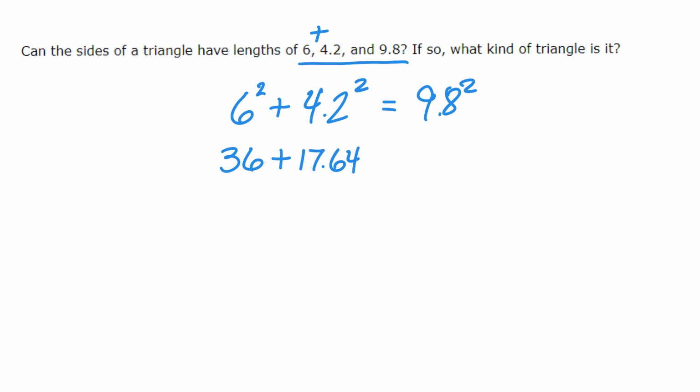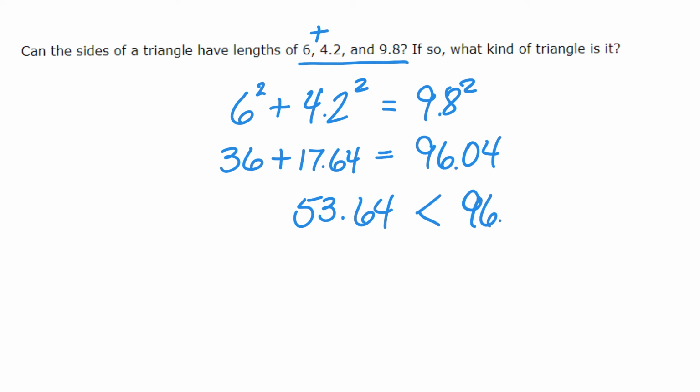And 9.8 squared is 96.04. 36 plus 17.64 is 53.64, which is smaller than 96.04. So the big guy won. When the big guy wins, we have obtuse triangles.